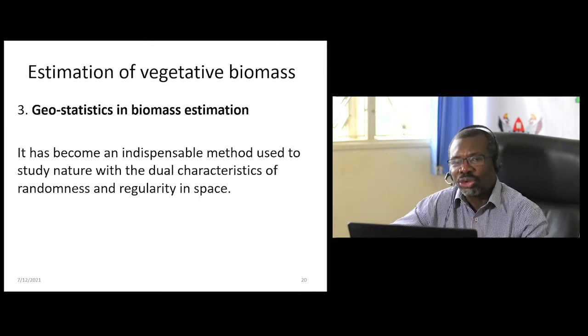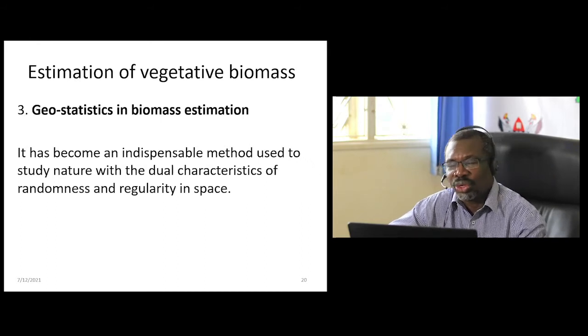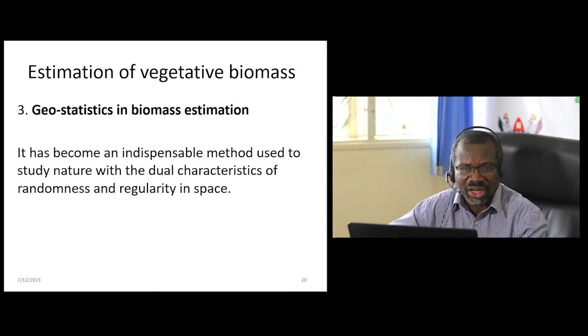This does not require as much of a distribution function as classical statistics does. Of course, the limitations of geostatistics are known, and the user should be aware of them and make sure some of those limitations are taken care of before using it for estimation of values.